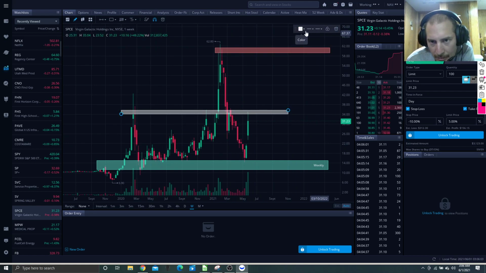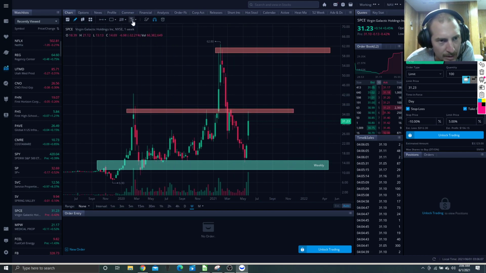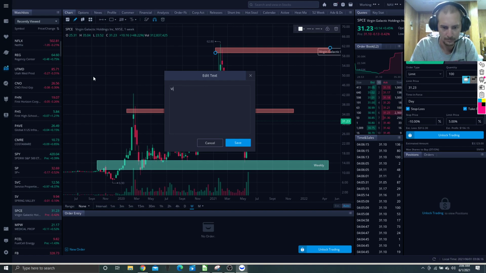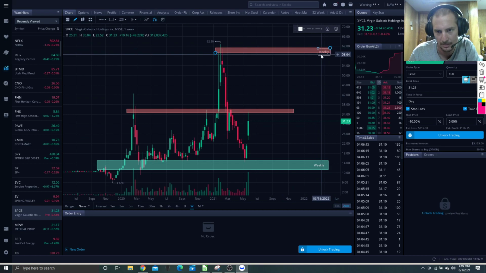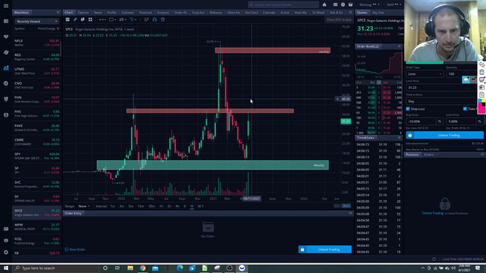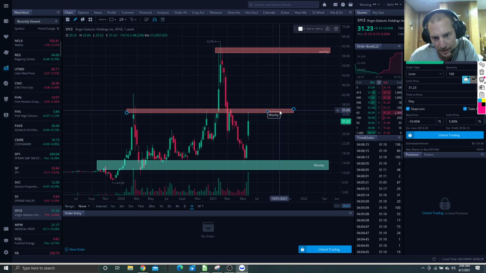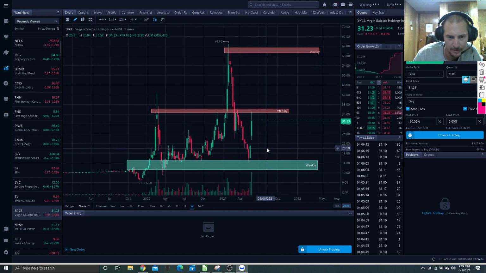And let's go ahead and color this one red as well. And we can type in here weekly. Right, and then we'll just stick that in that box there. So that way, when we move our time frames down, it'll be very obvious that we found these on the weekly chart.